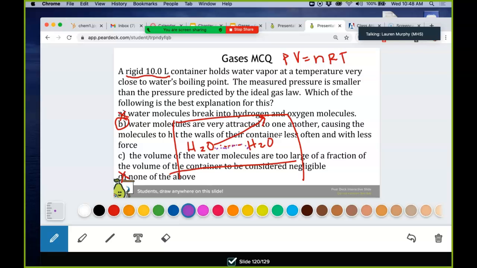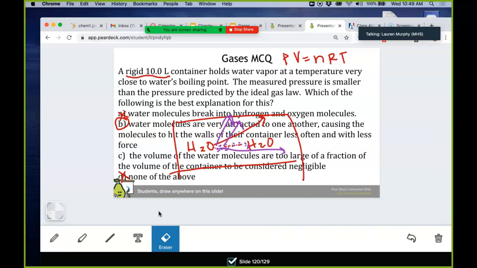Now, if it doesn't hit the wall as often, the pressure is going to be lower because instead of zipping and hitting the walls, they're doing this instead, and they're not just flying past each other. So the attraction of the water molecules is what causes this. So B is the answer.